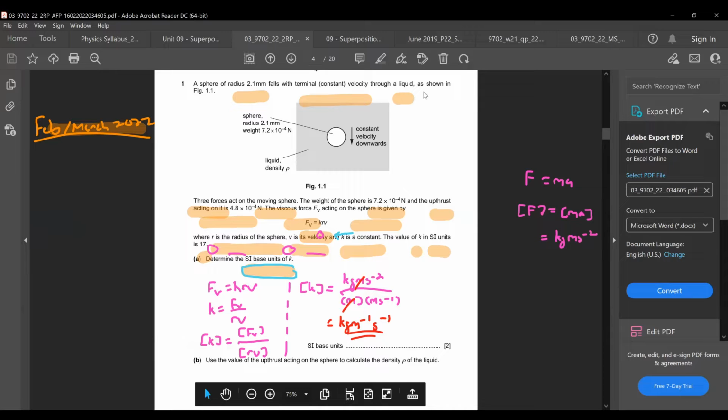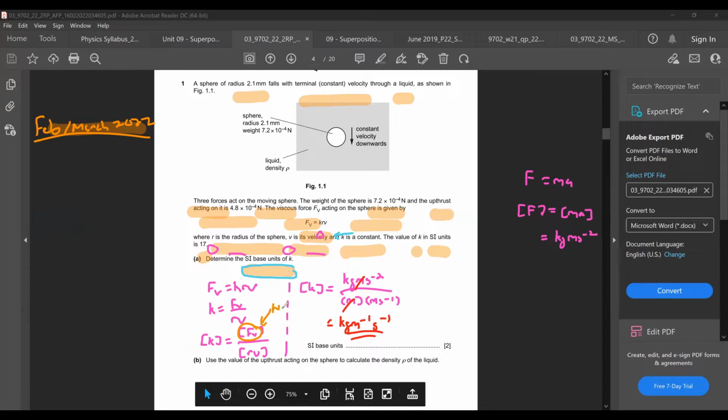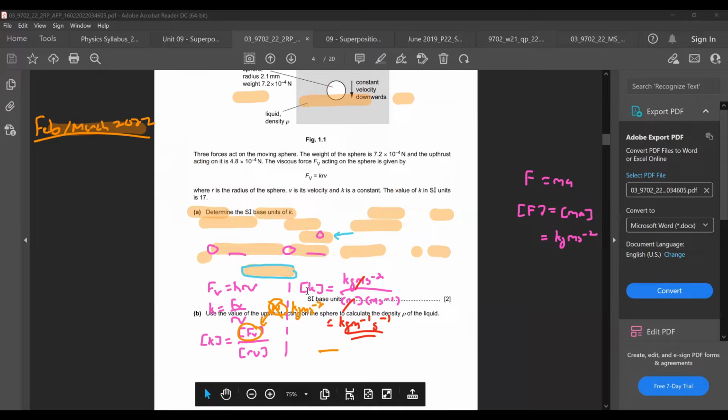Because sometimes some people may accidentally write force as Newton. Newton is an SI unit, but it's a special SI unit for force. Since the question wants base units, you cannot write Newton. You must write it as kg meter per second squared. Okay, so be mindful of that. They want it in base units.